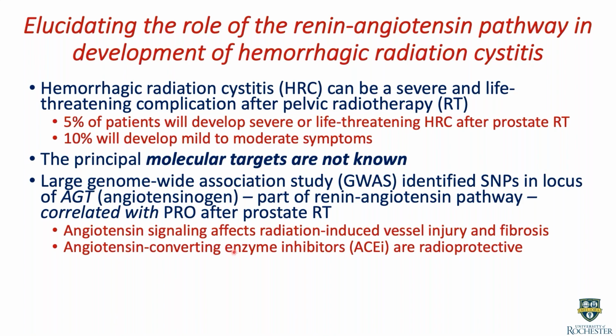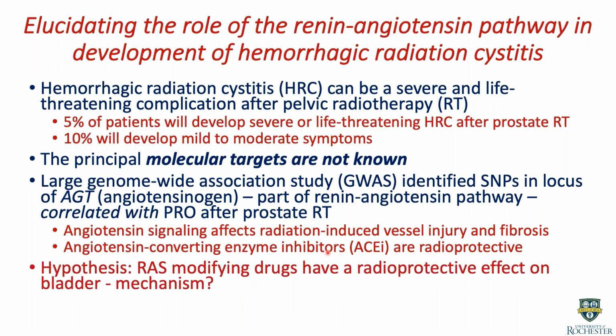And angiotensin-converting enzyme inhibitors have been demonstrated to be radiation protective in other studies in the kidney and the lung. So we tested the hypothesis of whether renin-angiotensin modifying drugs had a radiation protective effect on the bladder, and we tried to determine the mechanism.